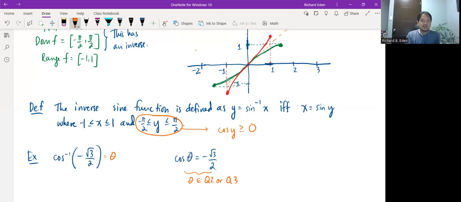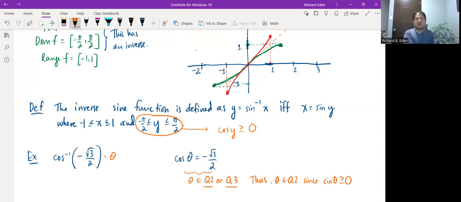So using that criterion, should theta be in the second quadrant or third quadrant? Second quadrant. Theta should be in the second quadrant since sine of theta should be greater than or equal to 0.